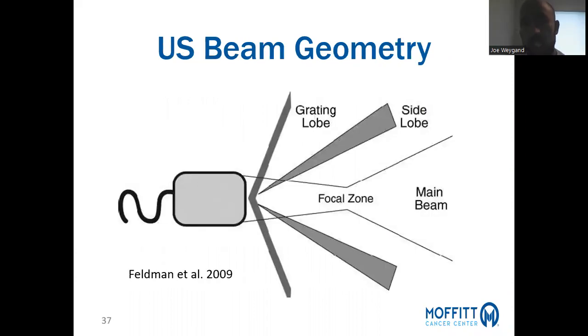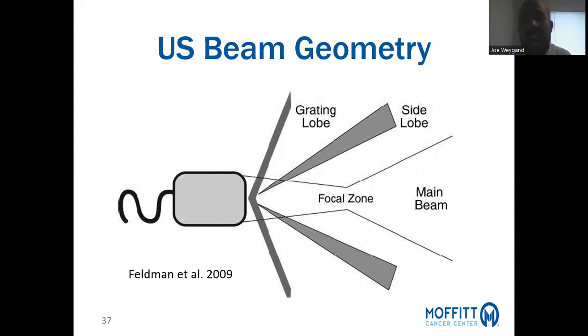So to first understand the artifacts that arise because of beam geometry issues, let's first recap what an ultrasound beam geometrically looks like. If you remember, once the sound wave is emitted from the transducer, it starts to converge in this zone called the near field or the Fresnel zone. It comes to a minimum at the focal zone and then starts to diverge in the far field or the Fraunhofer zone.